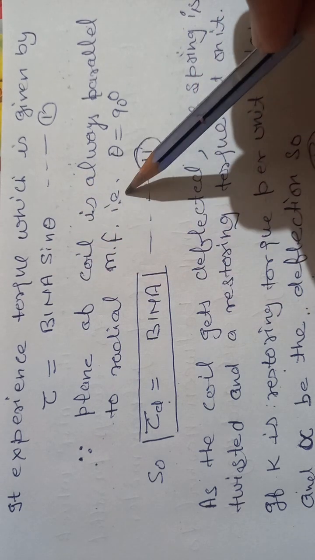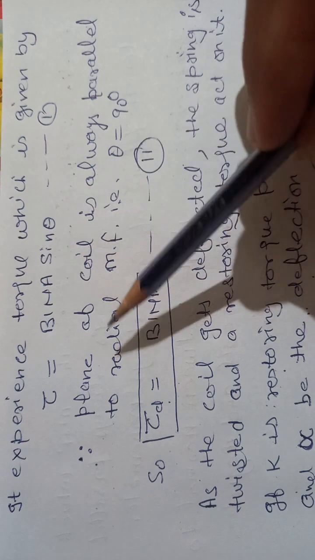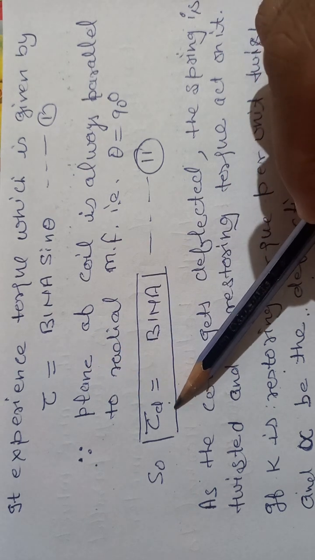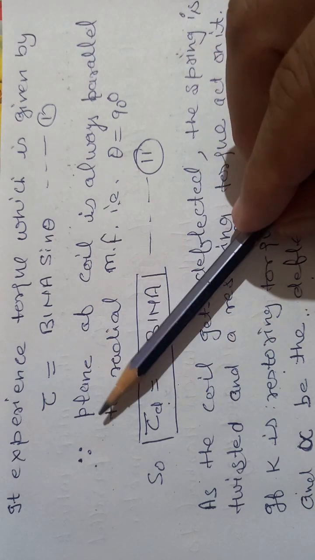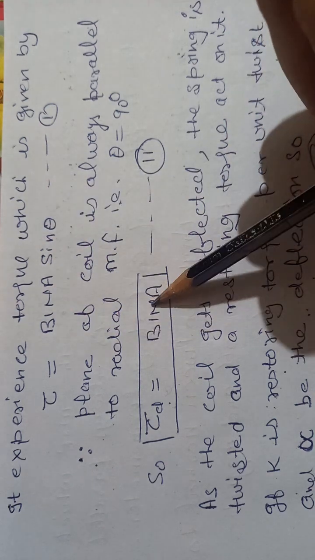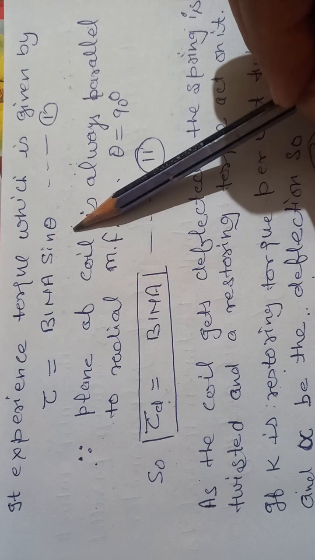And this can be achieved by using cylindrical poles of a magnet. This torque is known as deflecting torque. So tau D means deflecting torque. When the current is passed through the coil, it gets deflected. So what is deflecting torque? BINA, because sin theta becomes sin 90, that is equal to 1.